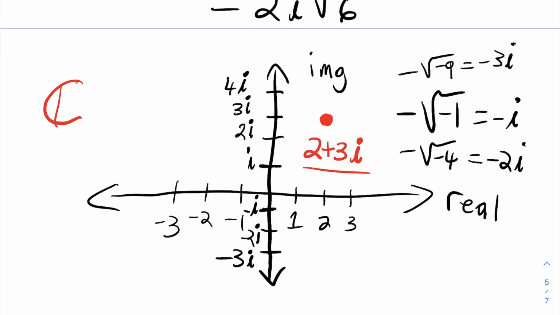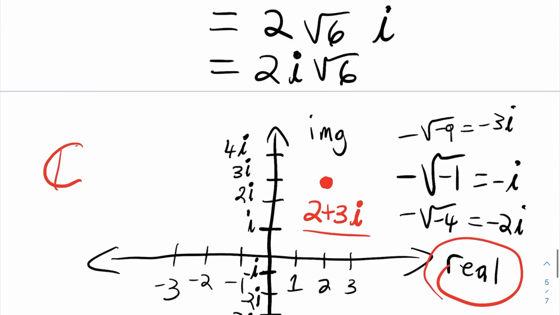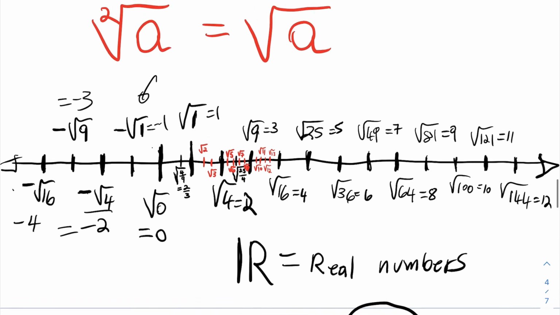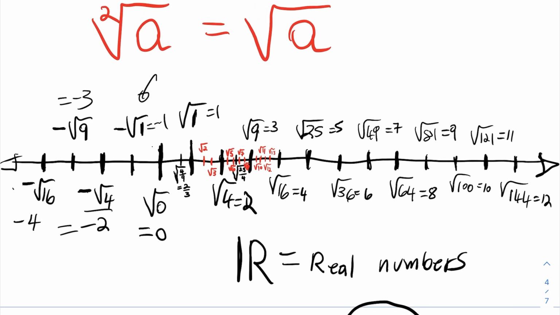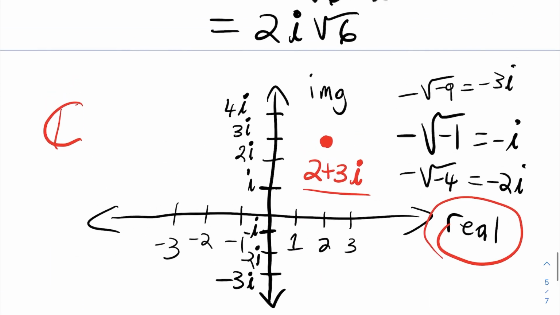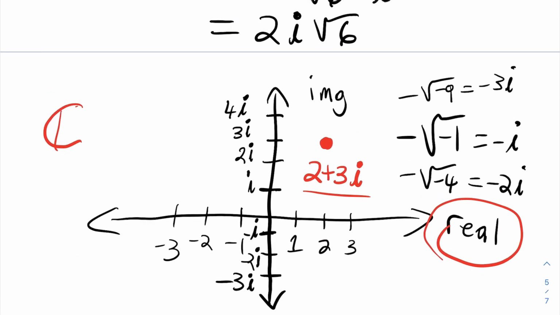2 plus 3i is in the set of what we call complex numbers. The set of complex numbers is an umbrella that contains all the real numbers from the real number line that we've been learning about, the rational numbers and the irrational numbers, like the black numbers and the red numbers from here. But it also contains non-real parts, imaginary parts. So the complex numbers are numbers like this here.